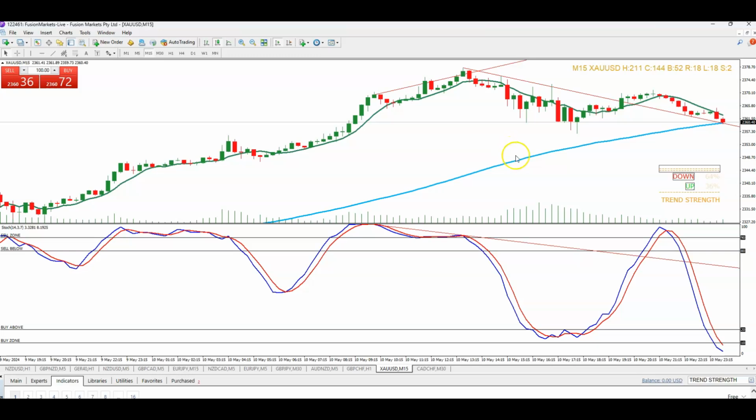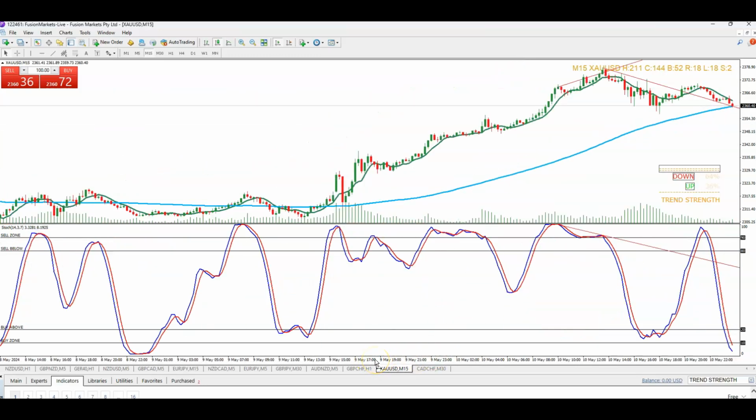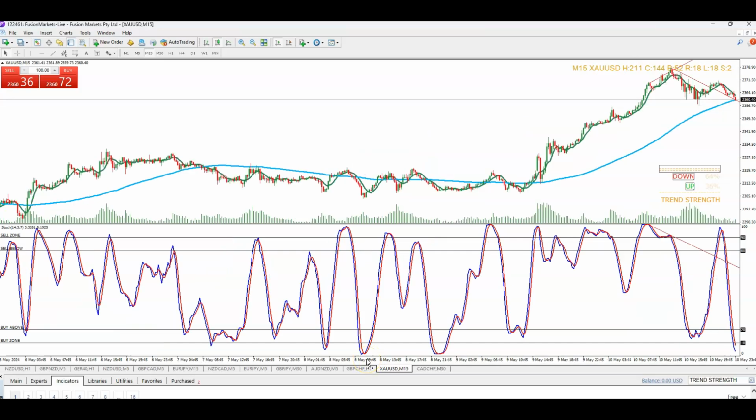So the first thing that we note is where the price is in terms of price action. Is it overbought? Is it oversold? So we can judge whether the price is going to move up or down. It works particularly well on the 15-minute chart, and works particularly well for gold as well. As you may know, I love gold, and so this is why this has been designed.